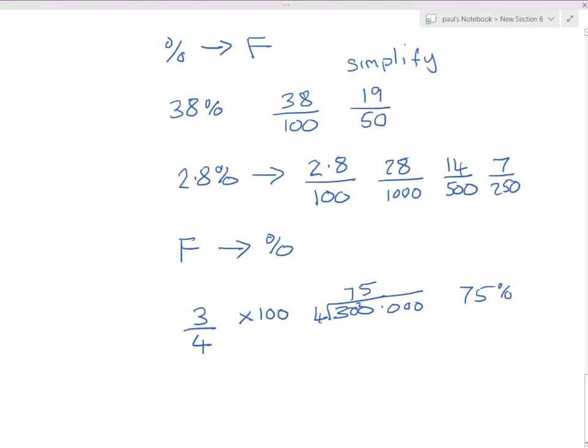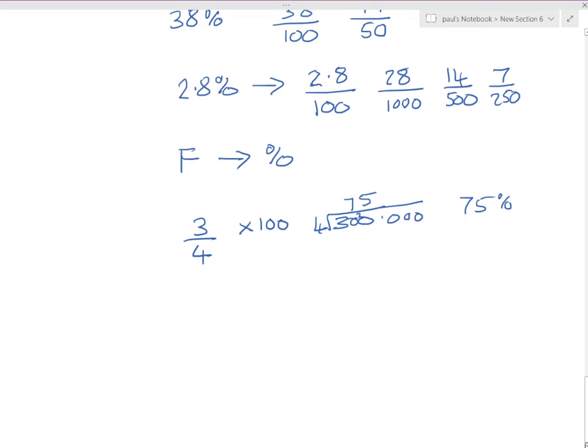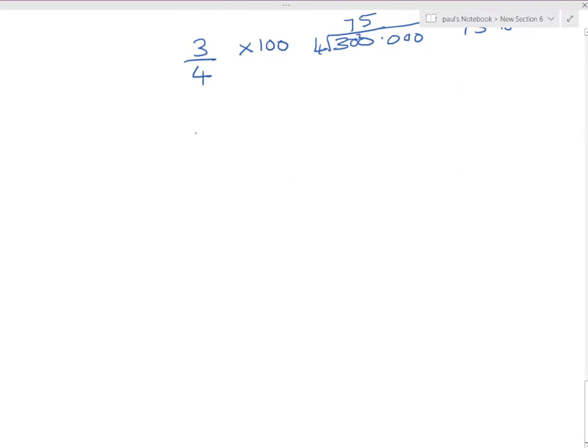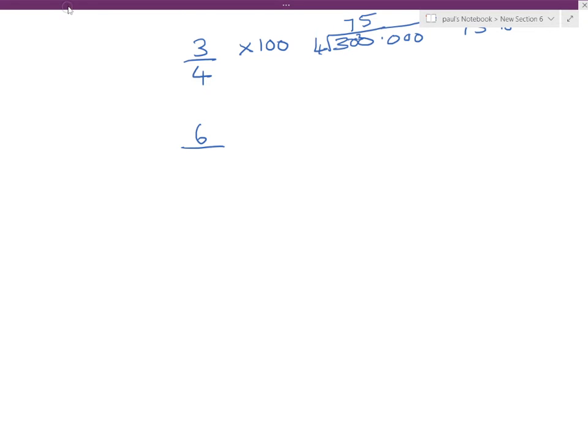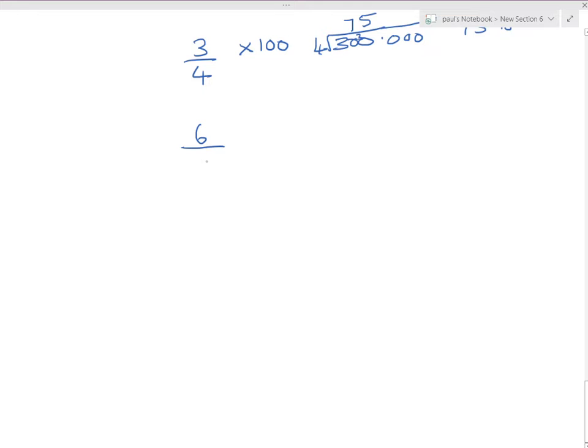Let's do another one. Fraction into a percentage. So 6/8. No, that's going to be the same answer, isn't it? No. About 6/9. That'll make it awkward. 100.